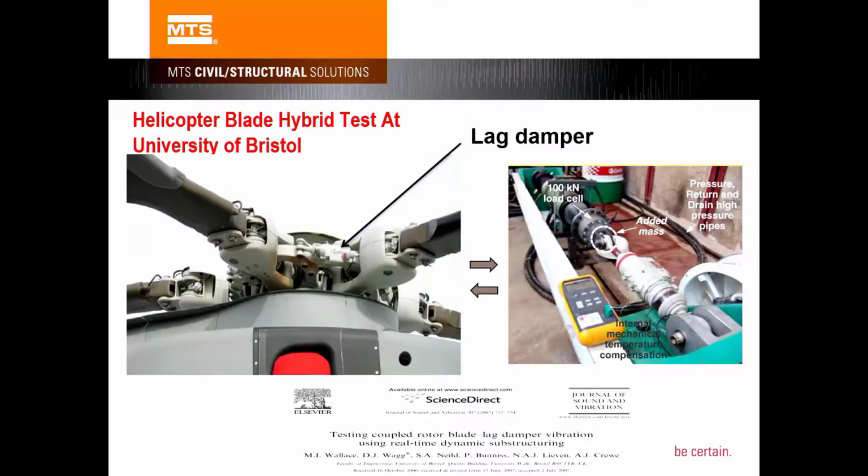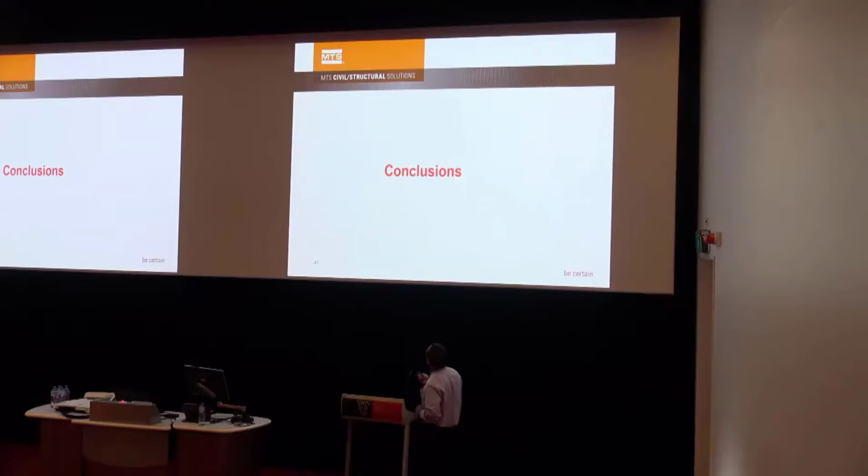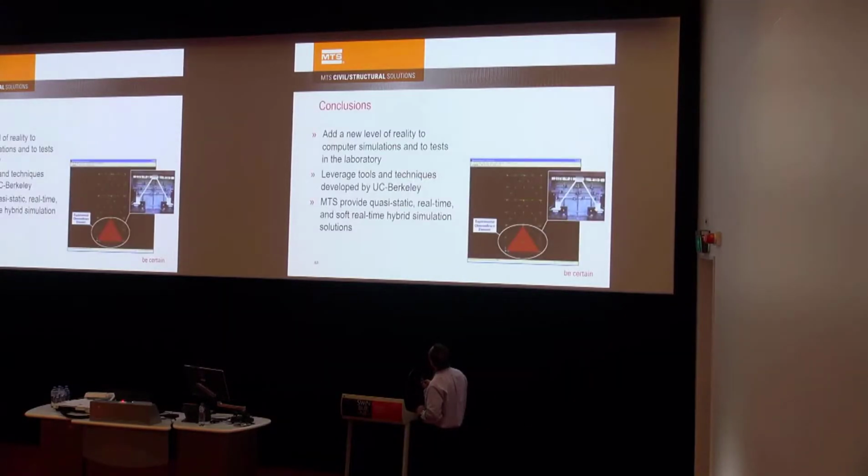This is an aerospace application, where hybrid simulation only tests a damper and models the rest of the helicopter system. In conclusion, hybrid simulation models part of the structure and tests a part of the structure.